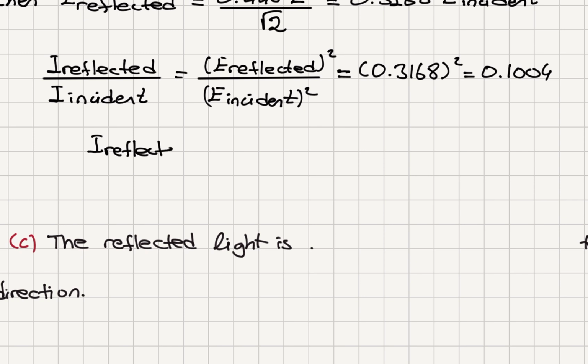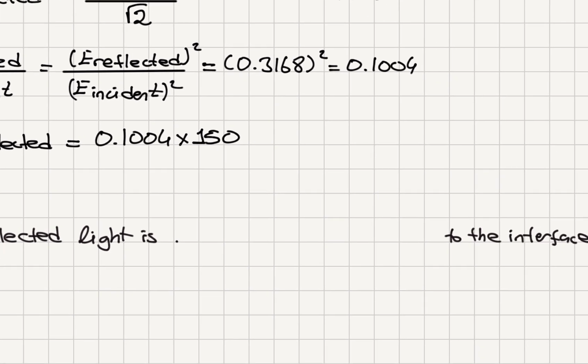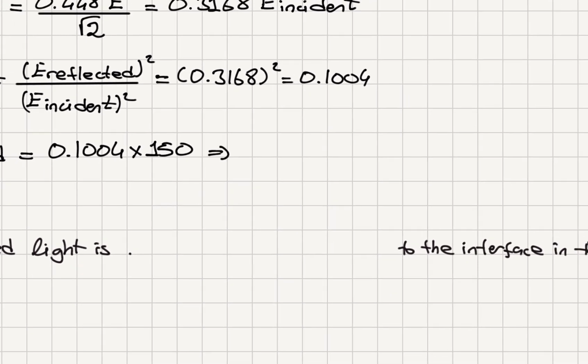Okay, therefore, the reflected beam intensity is 0.1004 times the incident beam intensity, which is 150 watts per meter squared. So we determine the reflected beam intensity to be 15.06 watts per meter squared.